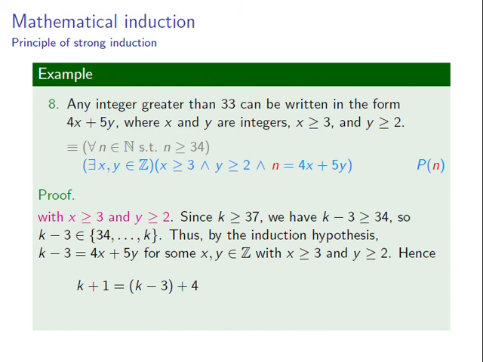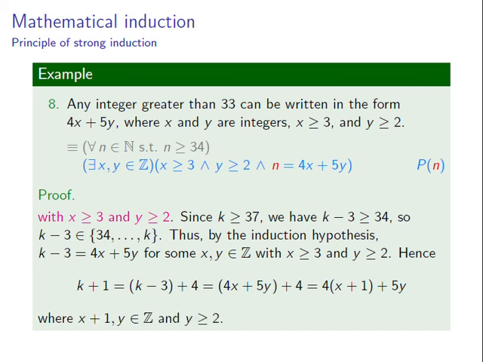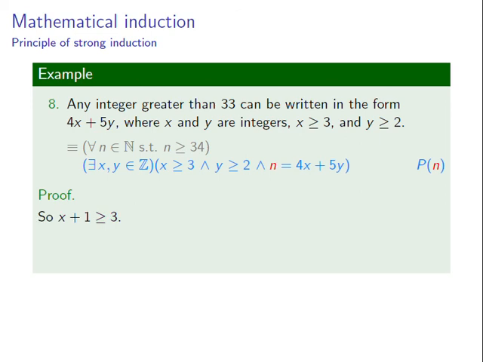Hence, the natural number k plus 1, which is equal to k minus 3 plus 4, is equal to 4x plus 5y plus 4, which is equal to 4 times (x plus 1) plus 5y. Clearly, x plus 1 and y are both integers with y greater than or equal to 2. Since x is greater than or equal to 3, x plus 1 is greater than or equal to 4. So x plus 1 is also greater than or equal to 3.